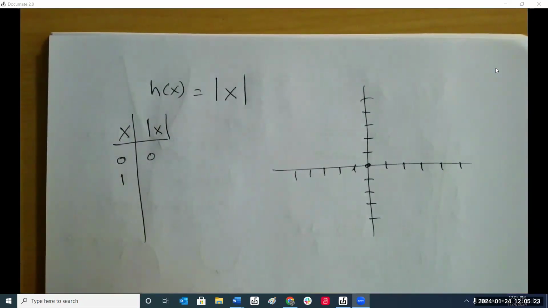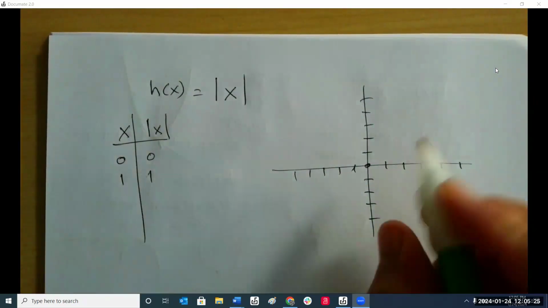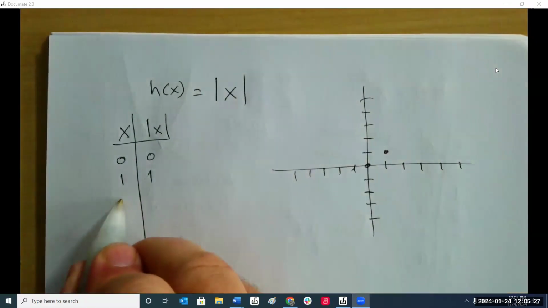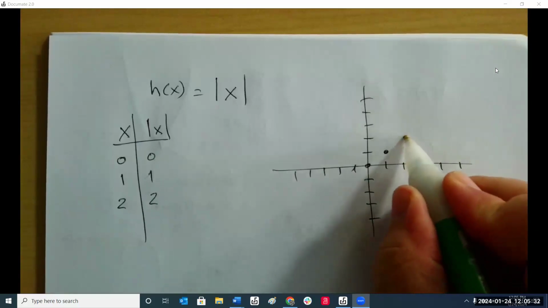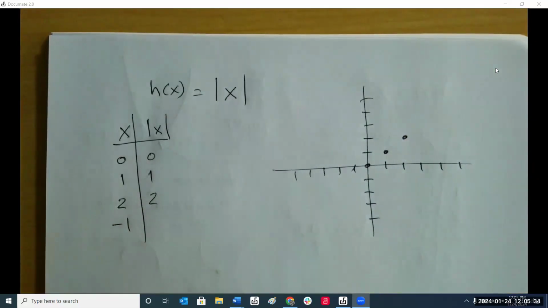Absolute value of 1. Absolute value of 2. Negative 1.